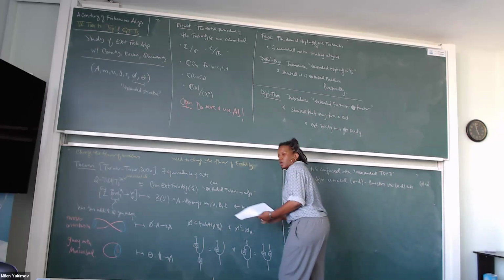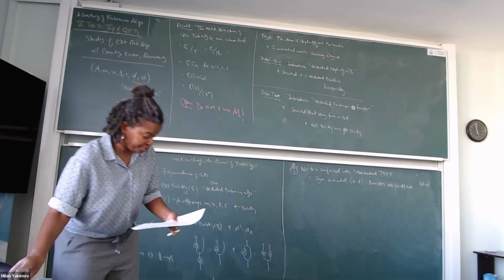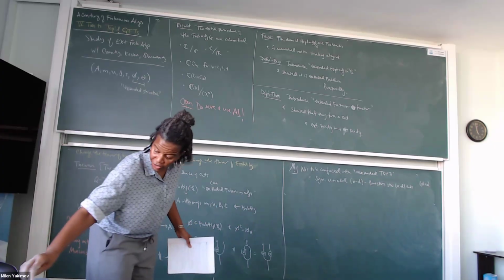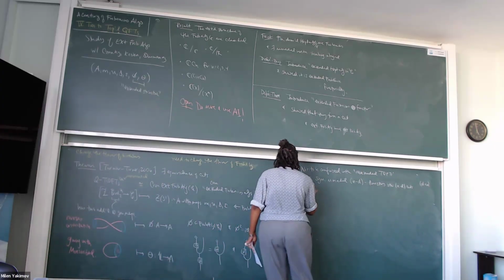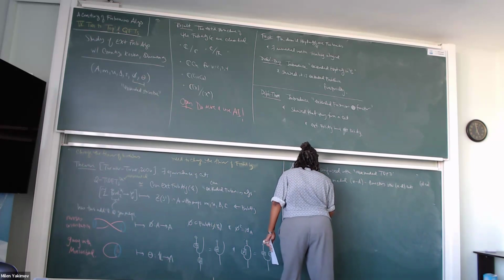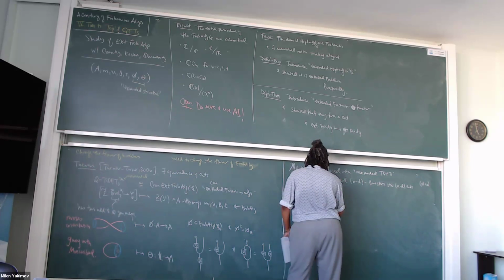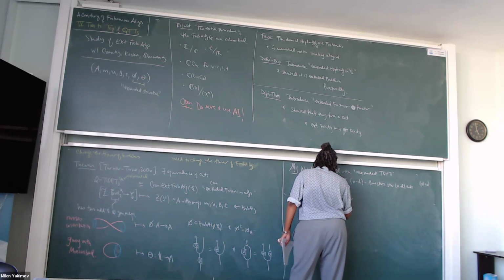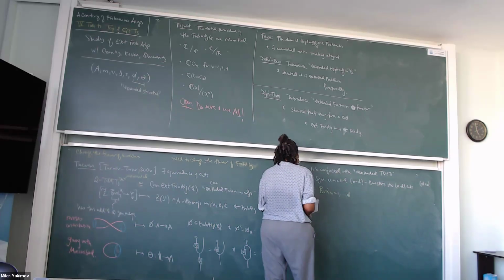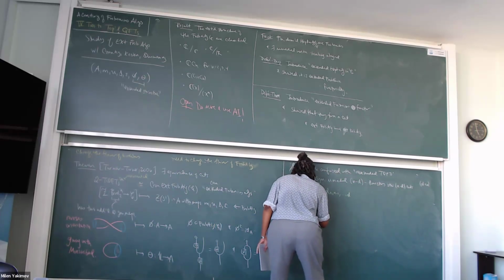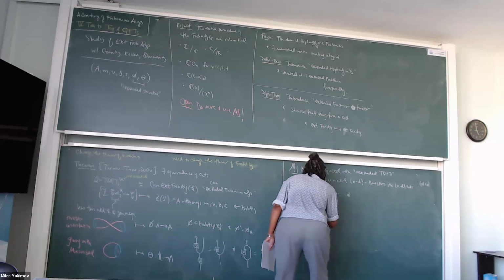Now, on the left-hand side, what I do is take a look at topological bordism categories, where I start with n minus 1 all the way down to d. And here, objects are going to be d manifolds.